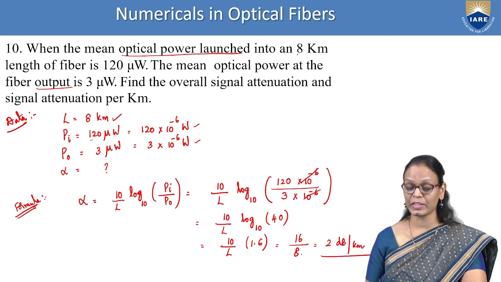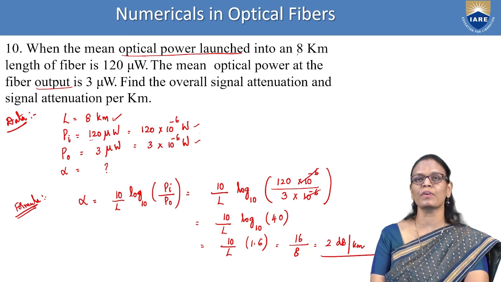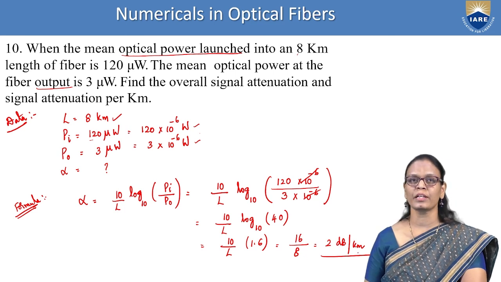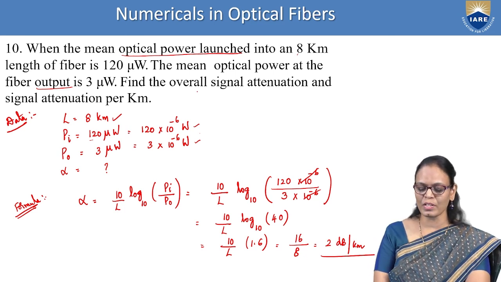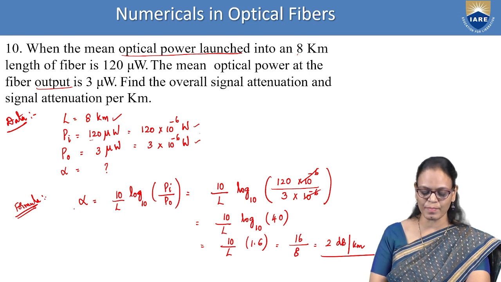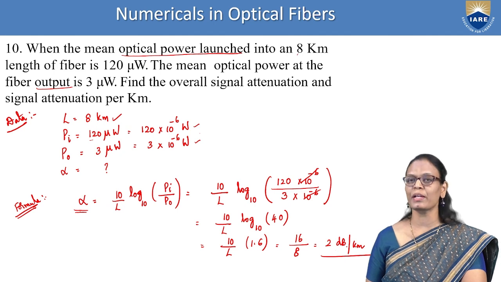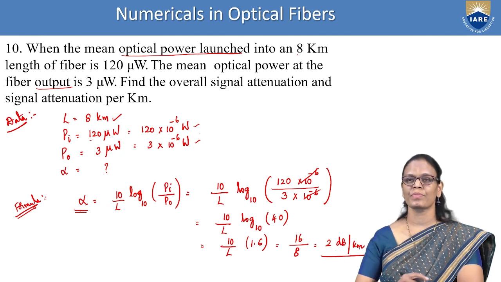So we are dividing with the length that is given. The length of the optical fiber is 8 kilometer. So it is 16 upon 8, that is 2 dB per kilometer. So the overall signal attenuation we are writing in terms of the attenuation coefficient. Alpha is equal to 2 dB per kilometer.